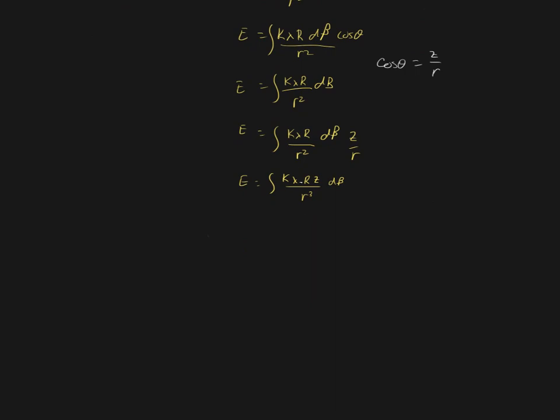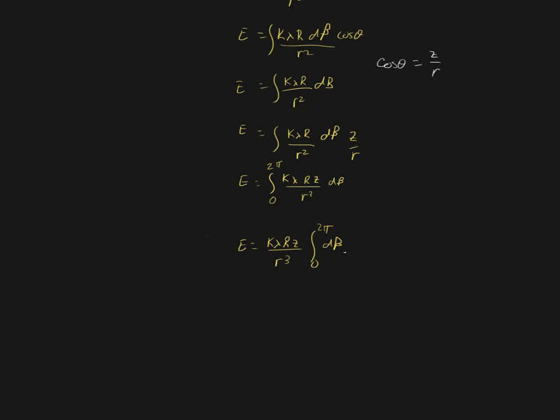All of this is constant, so we just need to figure out what are my limits of integration on beta. Well, we're going all the way around a circle, so we're going to start at 0 and we're going to take it to 2 pi. So we get E is equal to k lambda R z over r cubed times the integral from 0 to 2 pi of d beta.